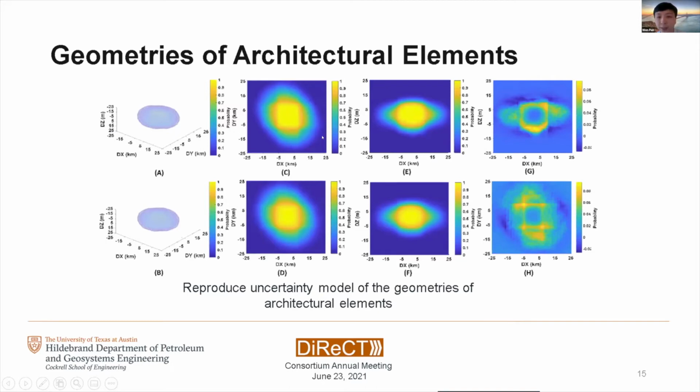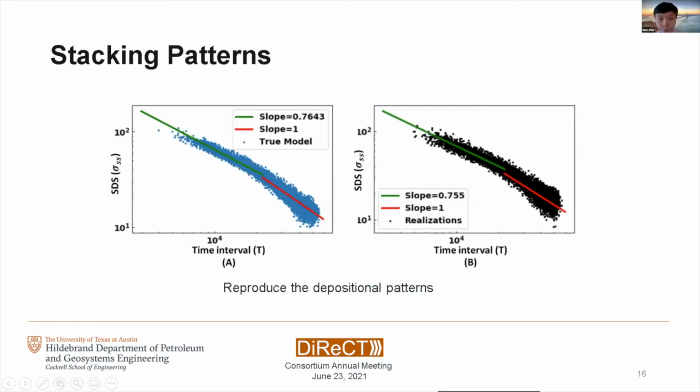As we can see, the upper four figures show the probability distribution from the rule-based approach, and the figures on the bottom show the probability distribution from our machine learning-based workflow. As you can see, the probability distributions are very similar to each other. So we can see for sure that the geometry and uncertainties of the geometries of our lobe units are well reproduced.